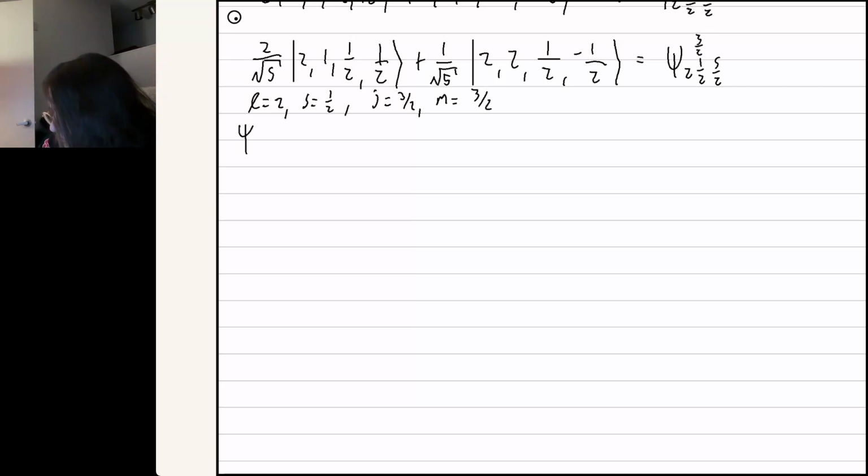So all I'm trying to say is that the state |2, 1 half, 5 half, 3 half, you take the dot product of that with |2, 1 half, 3 half, 3 half, that's going to be equal to 0.